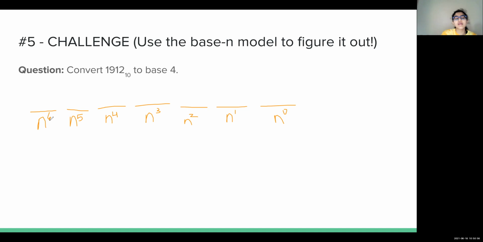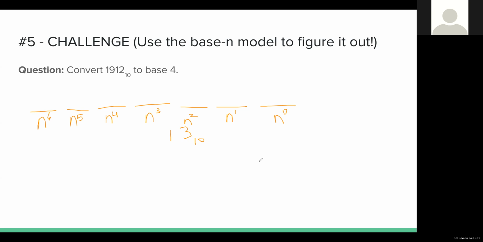So basically, say I wanted to express 13 base 10 in base 4. The greatest power of 4 that fits into 13 is 4 to the power of 1, which is just 4. What's the maximum number of 4s that fit into 13?